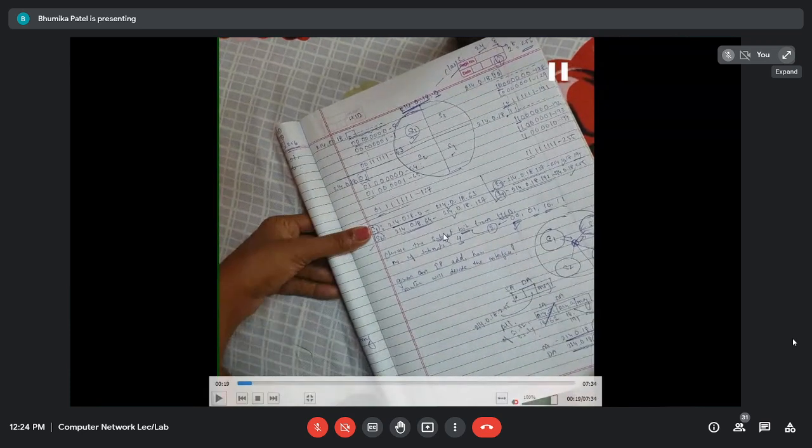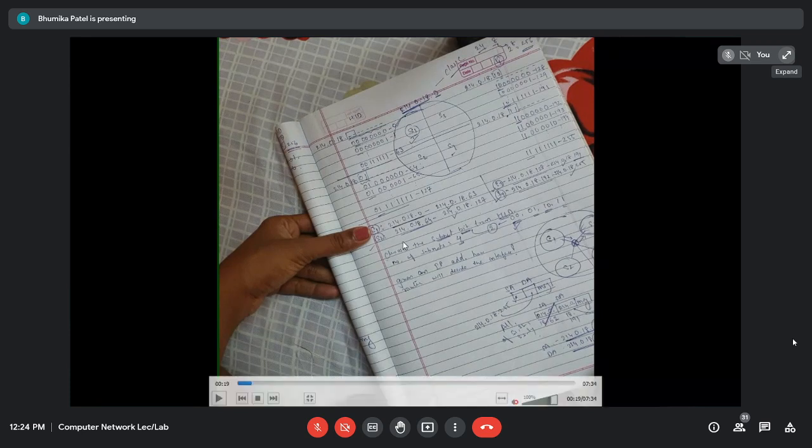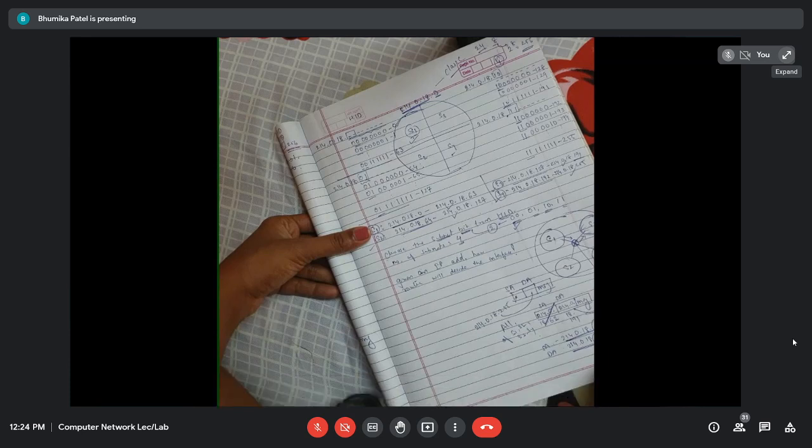We know that this is the range of subnet 1, this is the range of subnet 2, and this is the range of subnet 3 and subnet 4. So if we are given any IP address, by looking at it we can say it belongs to subnet 2, or we can say it belongs to subnet 3. But for the router, there is nothing like that. It is going to perform one by one each and every searching.